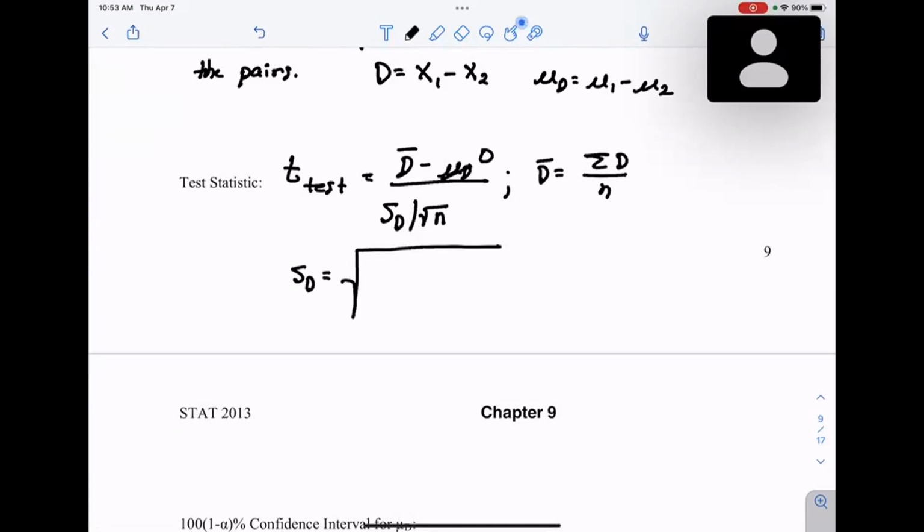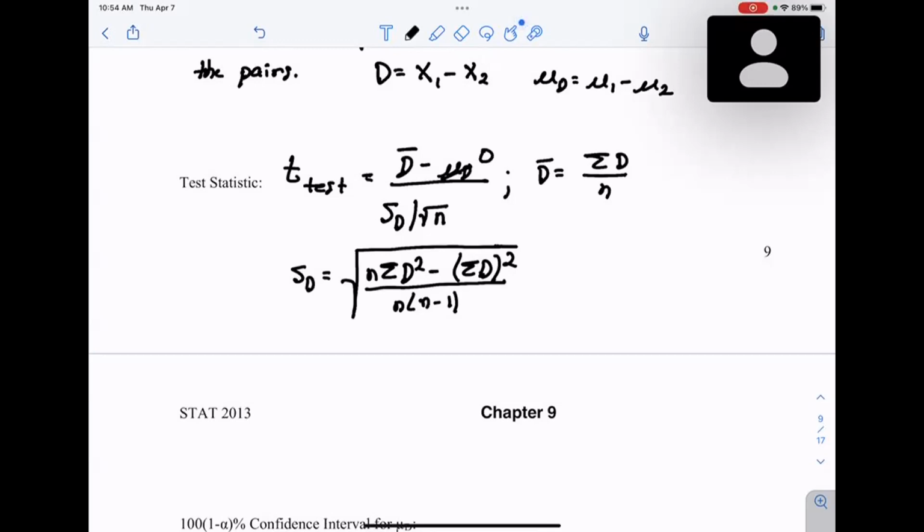It will be n times the sum of the differences squared minus the sum of the differences, that quantity squared, divided by n times n minus 1. I don't think you want to compute that.